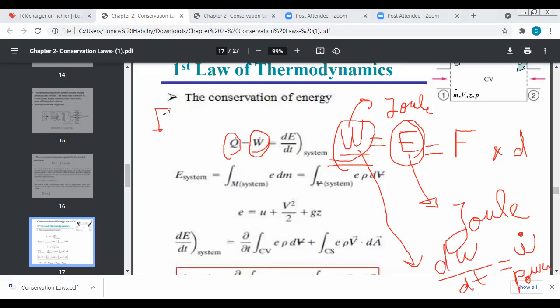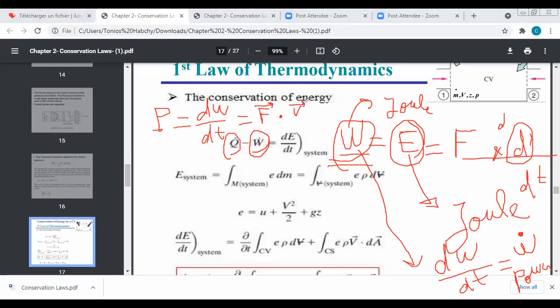So the power definition is dW by dt, and if you derive a distance with respect to time, you will obtain velocity. This is why in dynamics, if you recall, the power can be calculated as force dot V.